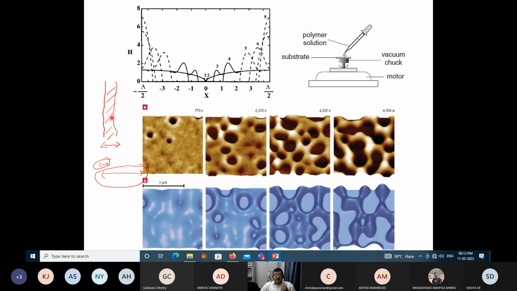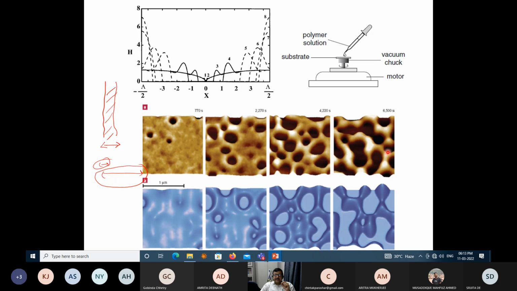But as you go down the size, towards, say, 40 nanometer and less, you start observing that, if this is a liquid, these black spots are some of the holes that are forming. These black spots are over a period: you can see this is 770 seconds, this is 2270 seconds. So this is about an hour, right? This is about 2 hours.